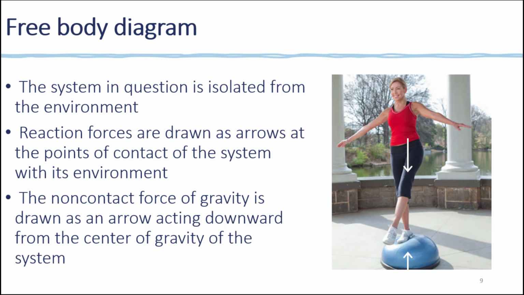So this is another example here. This is a picture, and if you were to draw a free body diagram, you would just take the person as your object of interest, and you would have the force of gravity acting downwards, and then you would have this ground reaction force from the Bosu ball pushing upwards on the person.